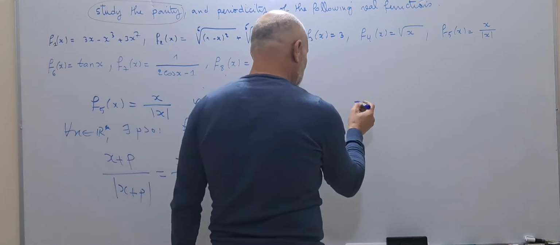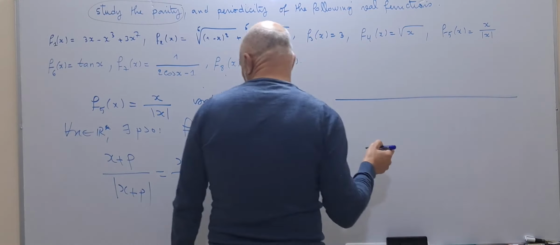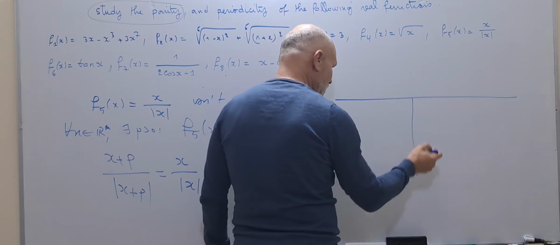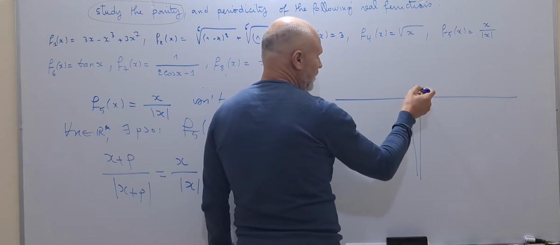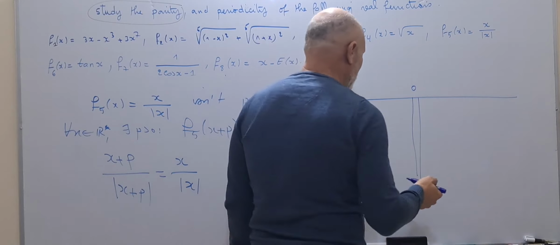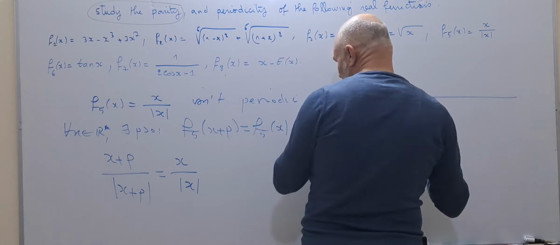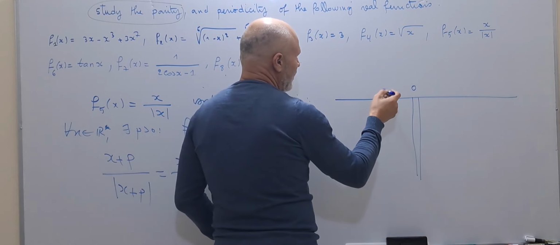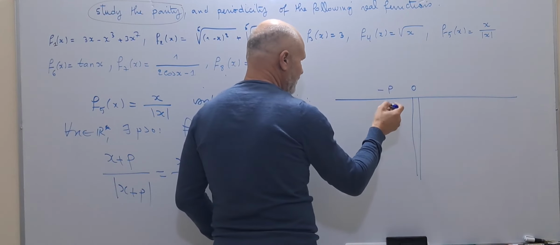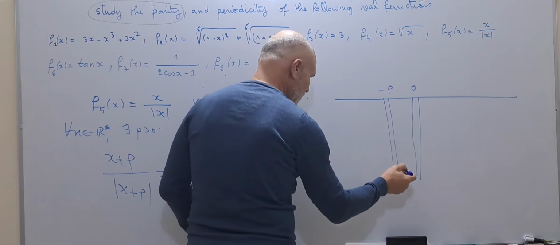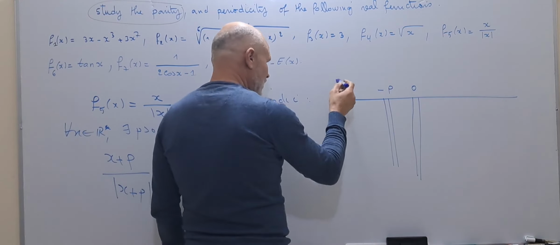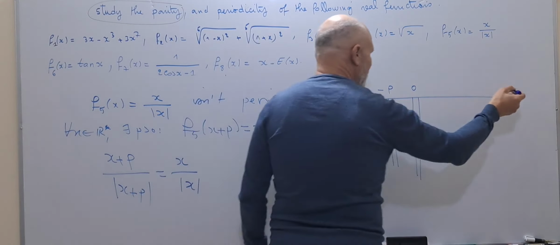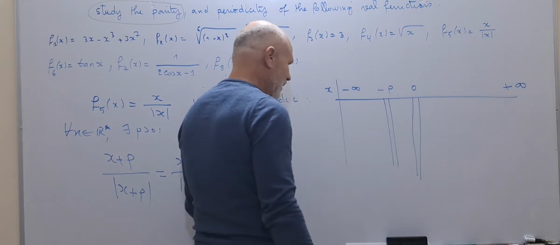Here this is 0, which is a forbidden value, and p is positive, so we take here minus p, which is also a forbidden value, and here we have x from minus infinity to plus infinity.